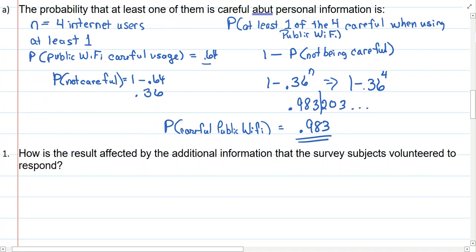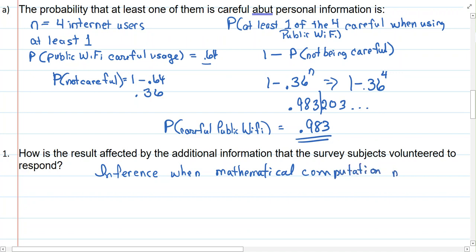Now, it asks, and of course, when we do statistics, we're always making determinations, and I've always used the word inferences. So here we have the question they pose to us.